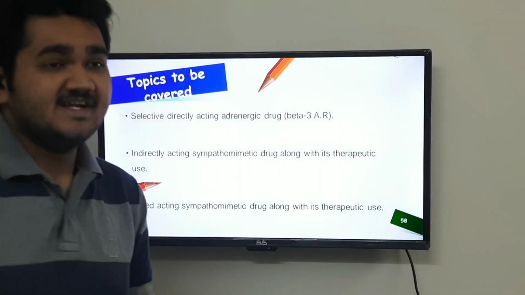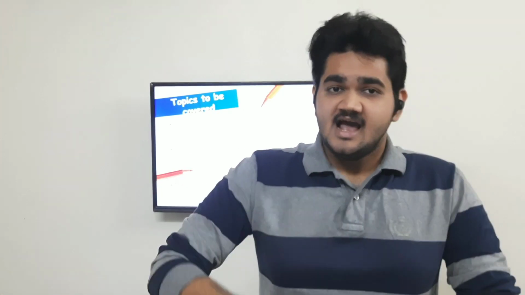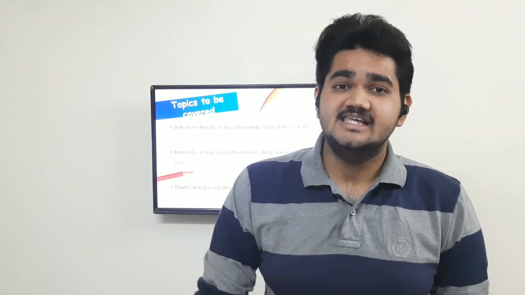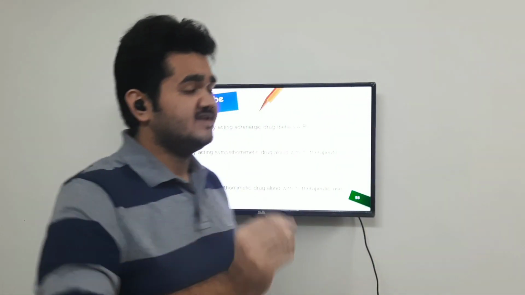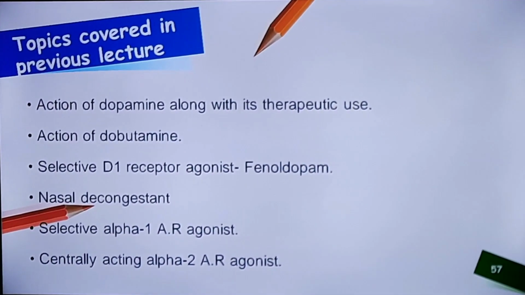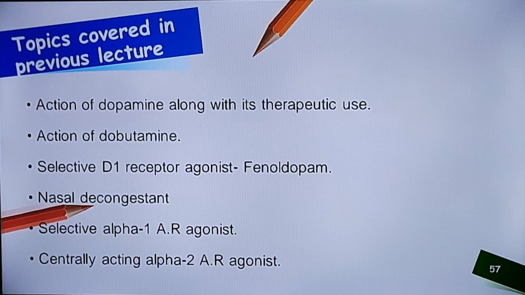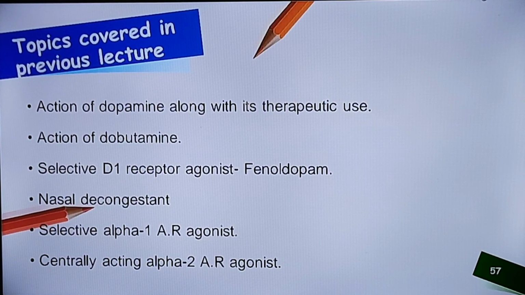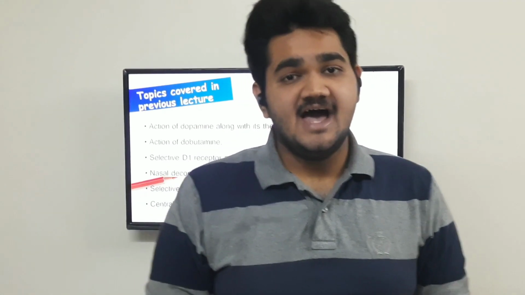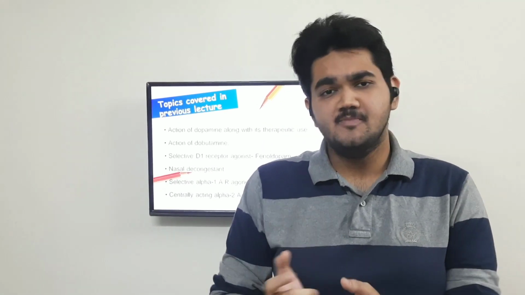But before we really go into the details of today's video lecture, let us revise what we discussed in the previous video lecture. In the previous video lecture we mainly discussed directly acting adrenergic drug. In directly acting adrenergic drug, we saw our main drug, dopamine, and always remember that dopamine has a dose dependent phenomenon.